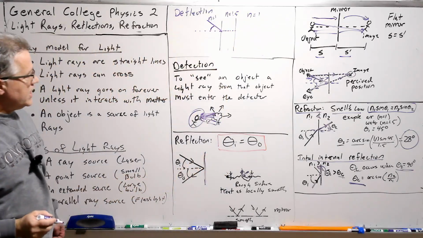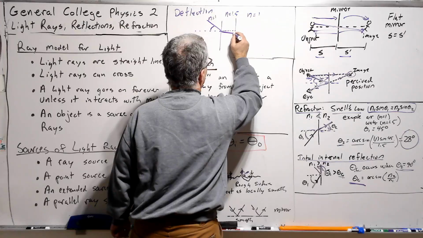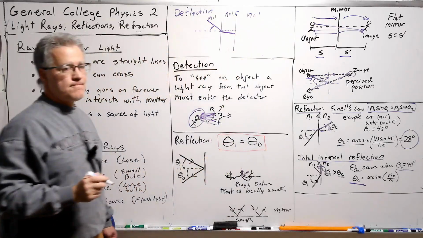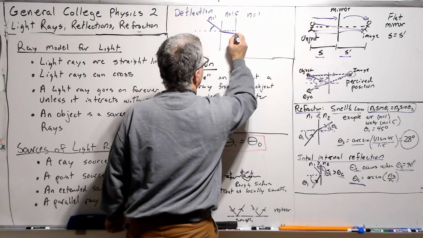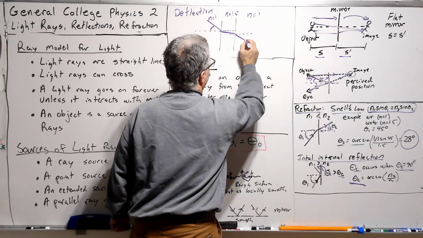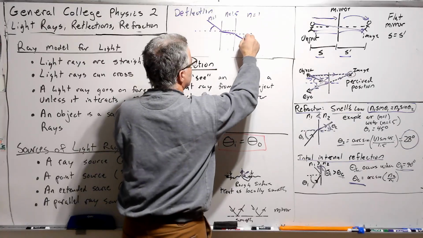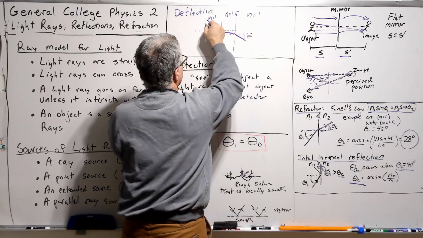And we know that we bend towards the normal here. And here's our normal here. And then we know we're going to bend away. And because this is the same over here and over here, this angle has to equal this angle.